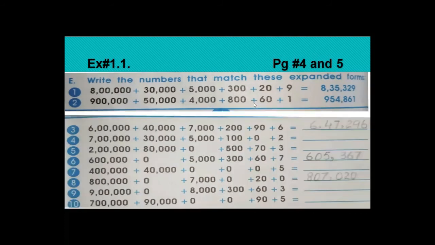Now look at these. Here, a few questions are already solved for you. Number 3, you know that here it is also the Pakistani way, so you will do it in the same way like this. Here you see the international way. Here you see 0 at the place of 10,000, so you will put 0 as it is in the number.